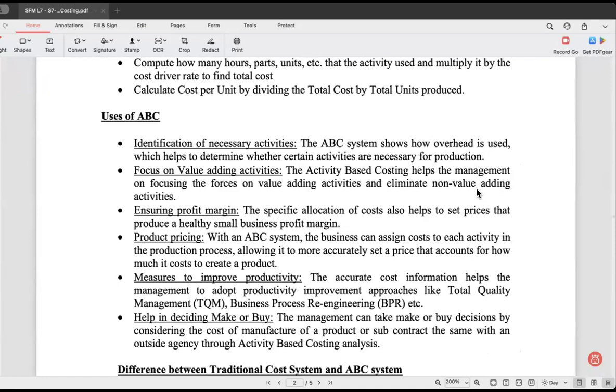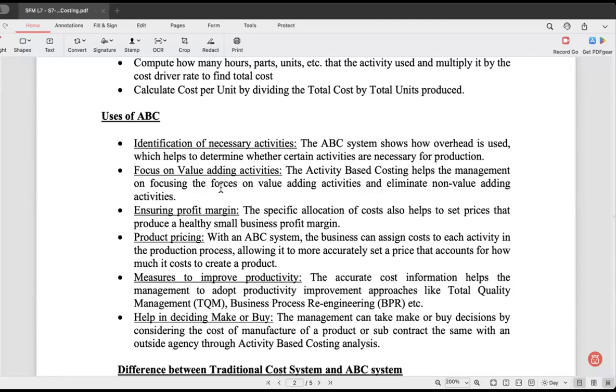So this helps the business to see exactly where money is going. So you can identify what is essential and what are the other expenses or production costs that are wasting the resources. Right? So this is one of the advantages or one of the uses of ABC.